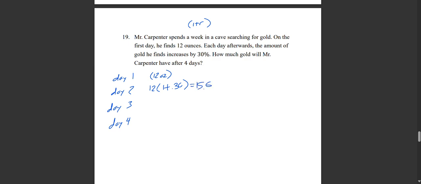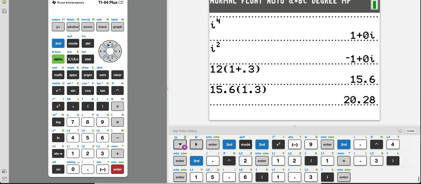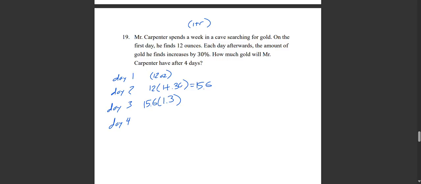That's how much I find. Day 3, I find 30% more of that, so it's just going to be 15.6 times 1.3. I'm going to find that much gold, 20.28.